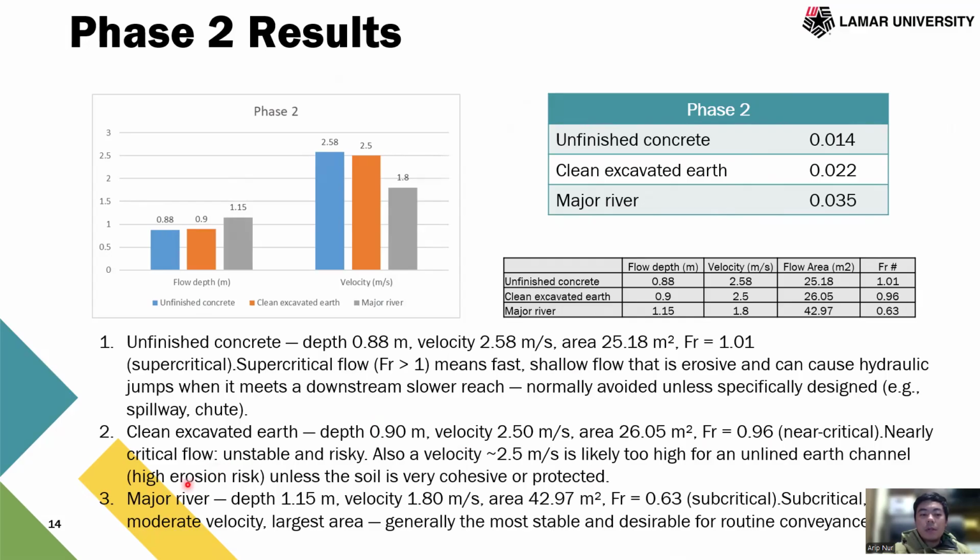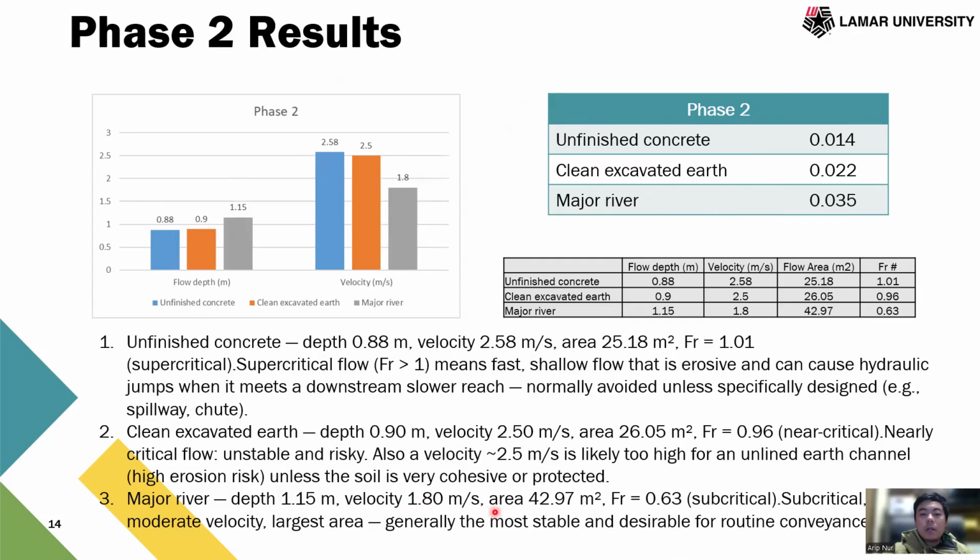As for major river bed roughness, it has a depth of 1.15 meters. Velocity is the slowest one with 1.80 meters per second.